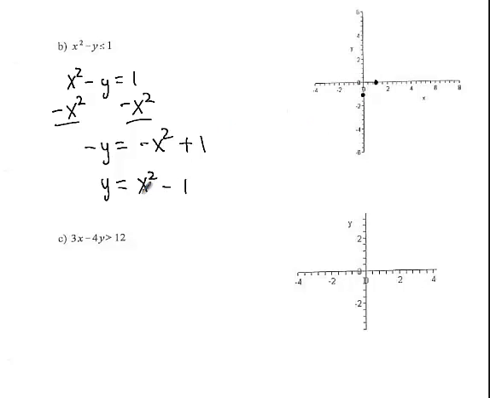If I put in a negative 1 and square it, once again I would get 1 minus 1, which is 0. So we fall on the x-axis right here at x equals negative 1. So it's a parabola. It's U-shaped. Looks something like that.